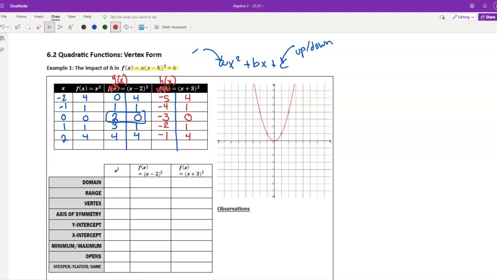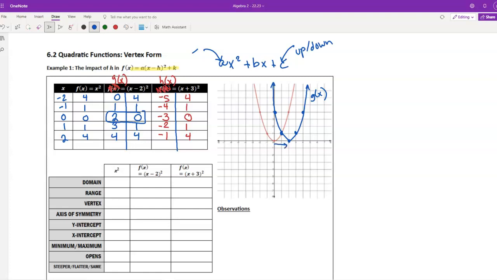All right, let me go ahead and graph these. We'll do g of x: 0, 4; 1, 1; 2, 0; 3, 1; and 4, 4. It looks like that. This is g of x. Notice what happened. It just moved to the right 2 places.